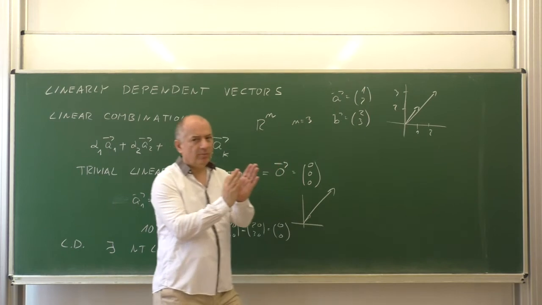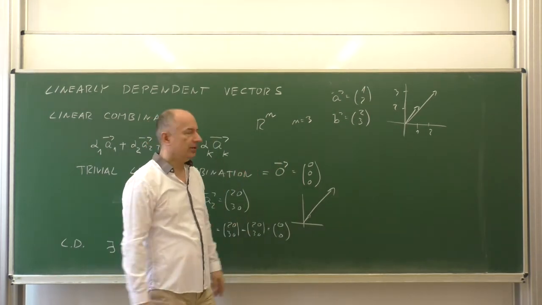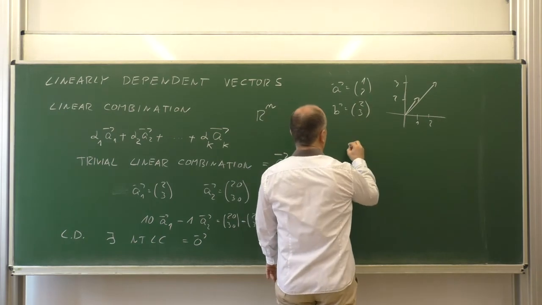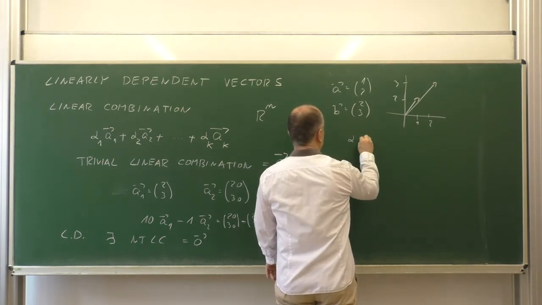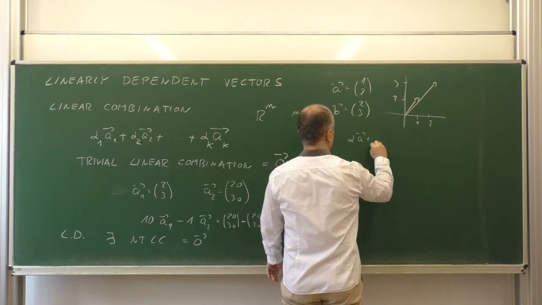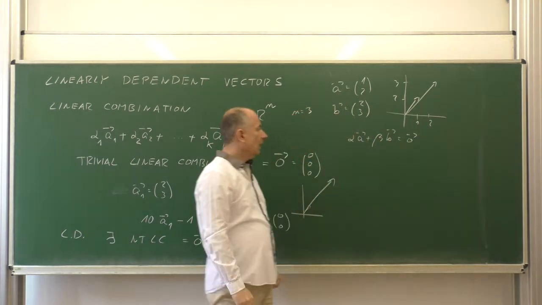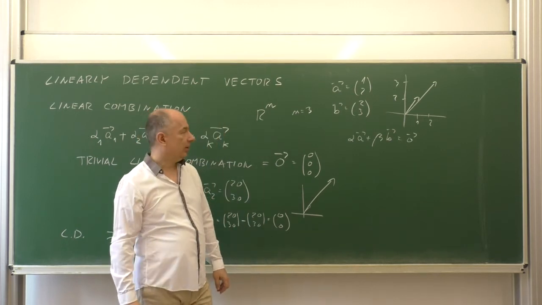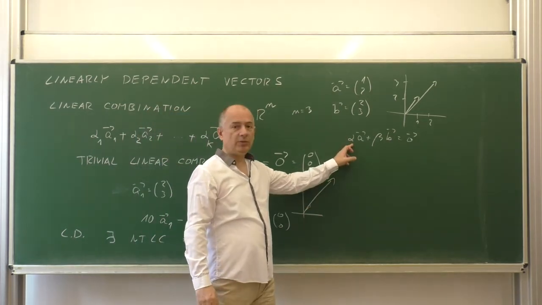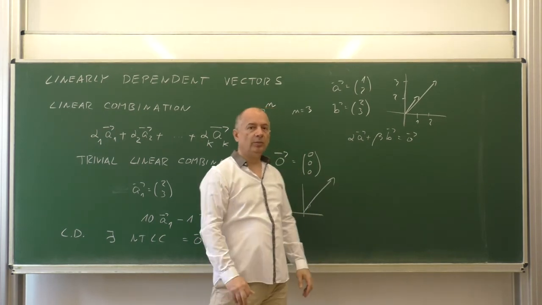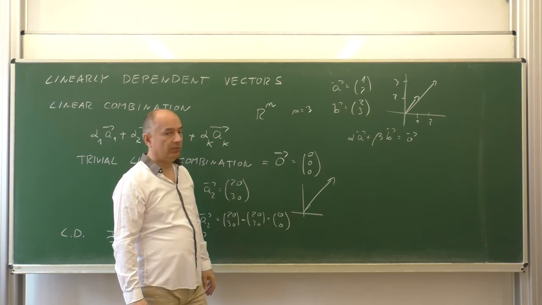They go in a similar direction, but not exactly the same. If we want to find some linear combination of them, then it turns out that the only possibility is alpha must be 0, beta must be 0. Only the trivial linear combination of these two vectors is equal to 0.